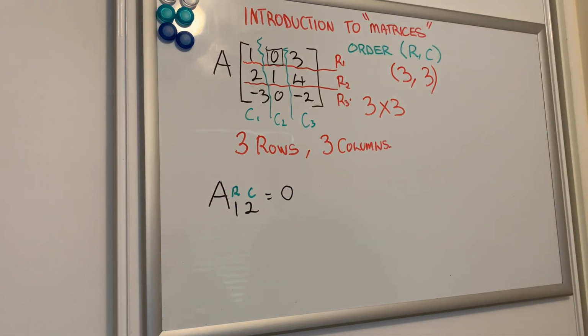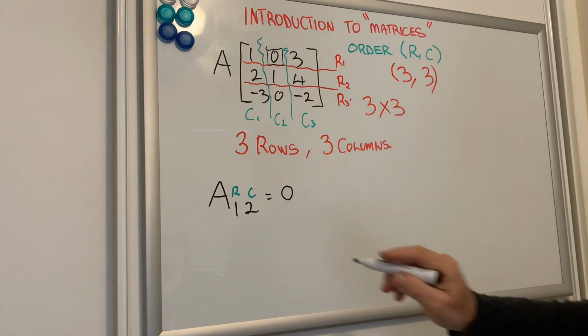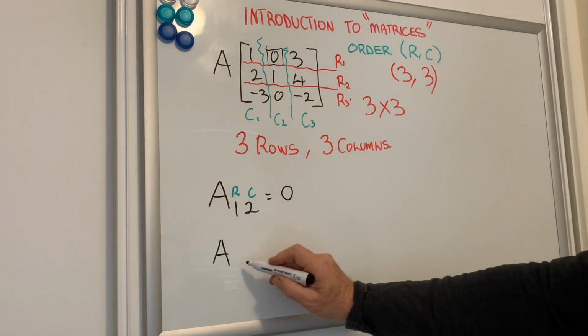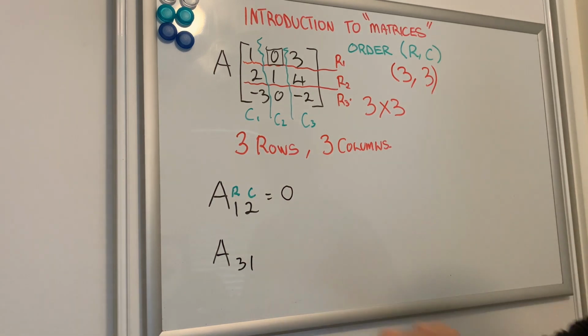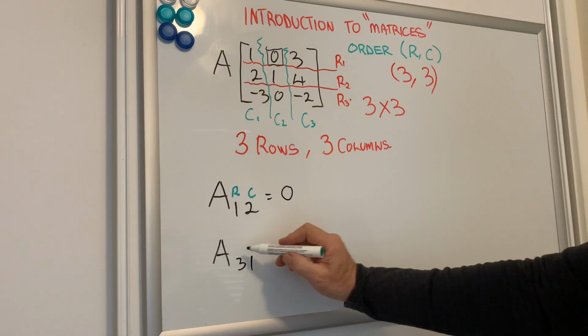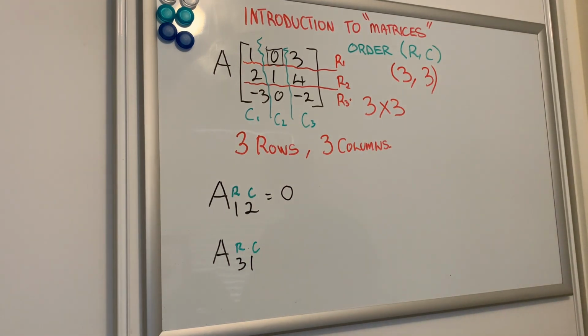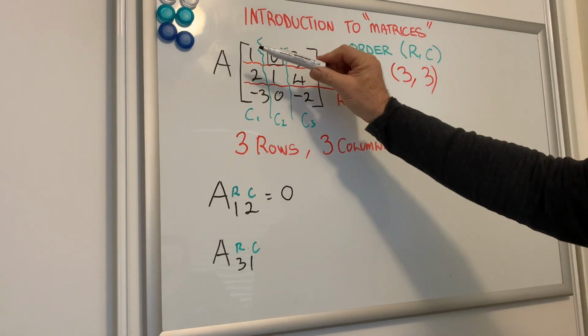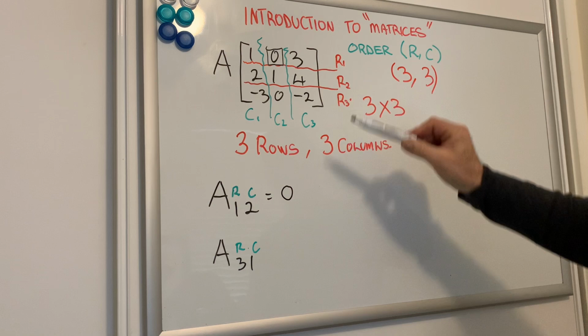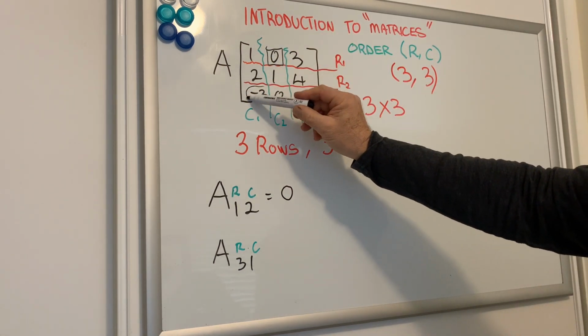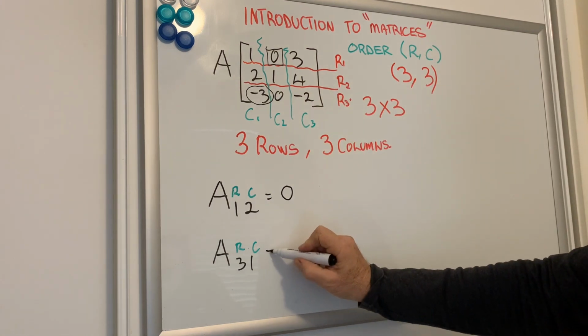Let's have a look at another one. So we said 3, 1. Again, always the row first, then the column. If we have a look at this one, there's row 3 and column 1. So row 3, column 1 will be minus 3.